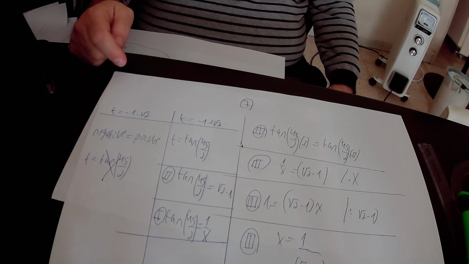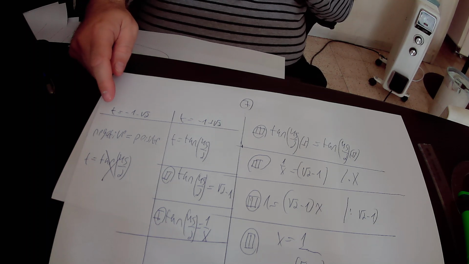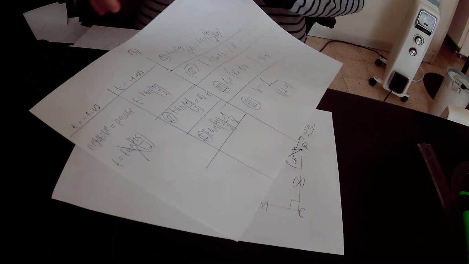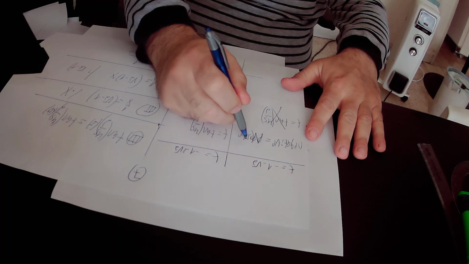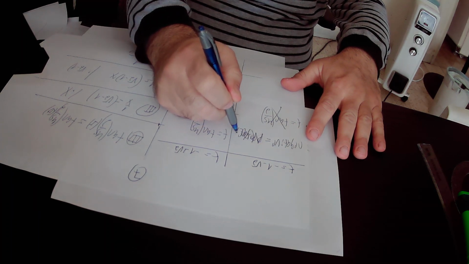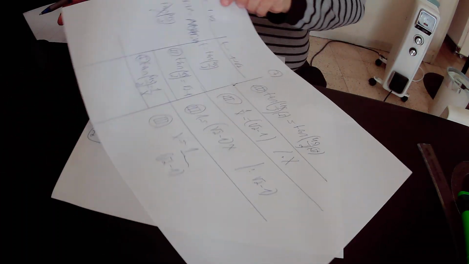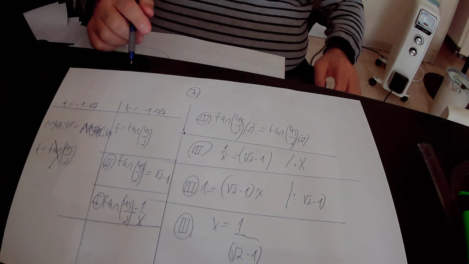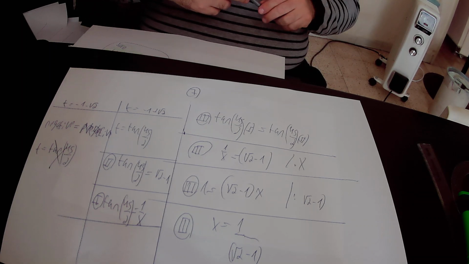So t cannot be simultaneously a positive number and a negative number. So we got to a contradiction. Therefore, we can discard this solution, and we have to leave the second possible solution, that t equals minus 1 plus the square root of 2.